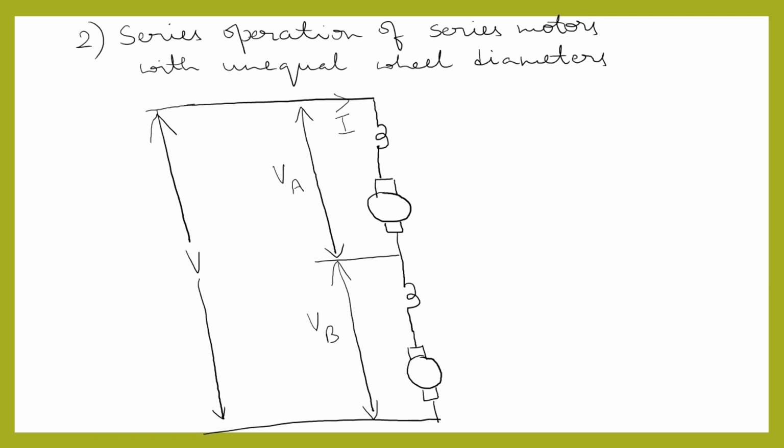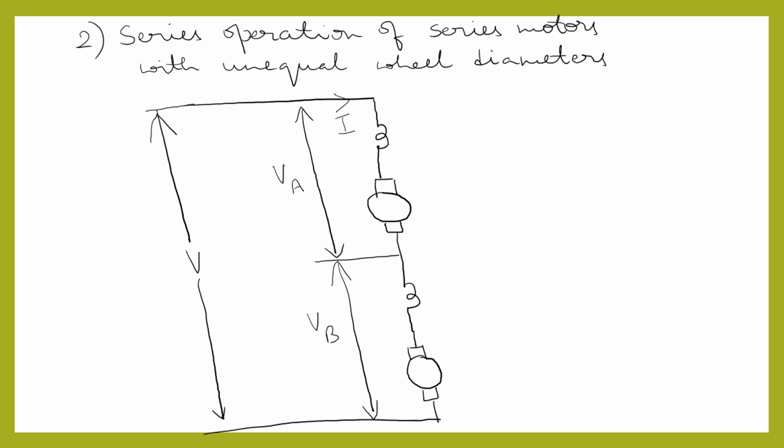So the two motors, they are identical, having equal resistance R. Since they are connected in series, same current flows through the two motors. But due to the unequal wheel diameters, they deliver different loads and hence the voltage across the two motors is different.